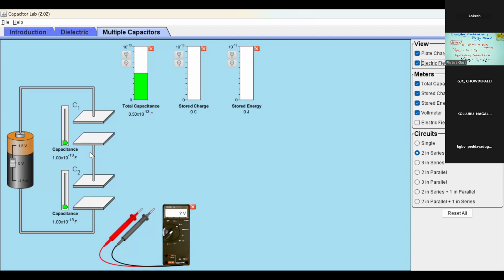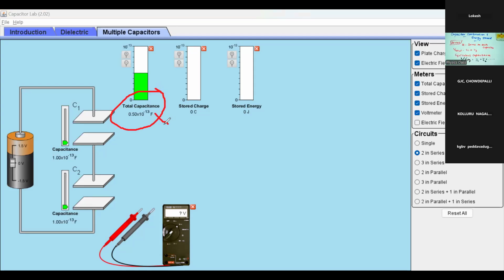So 1 by 1 plus 1 by 1, we will get 2. That is, 1 by C equivalent is equal to 2. Correct? Then we take the reciprocal, so C equivalent is 0.5 farad. That's why you can see the value of total capacitance.